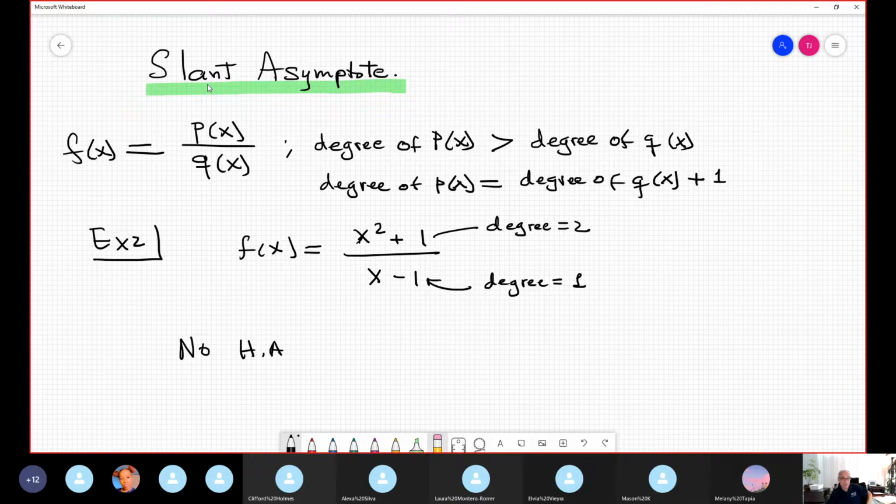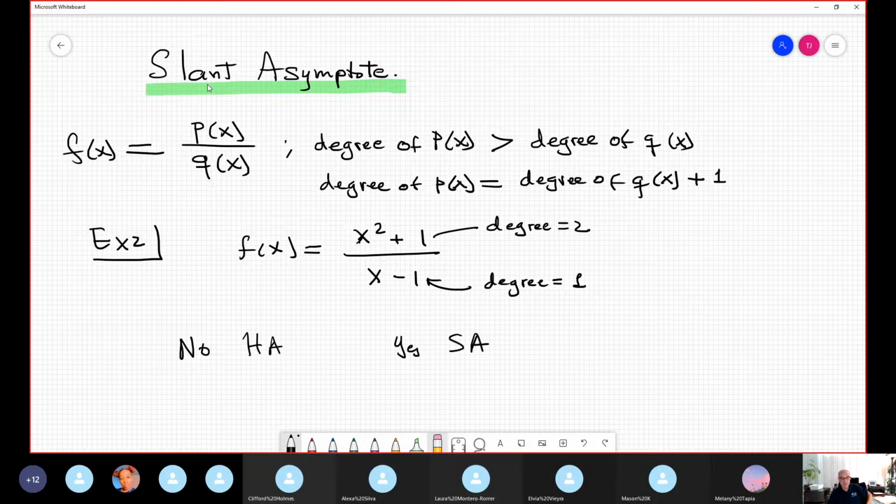This is the condition. Your identification is extremely important. Horizontal and slant are mutually exclusive. If we have horizontal, we have no slant. If we have slant, no horizontal. Impossible to be both. It's obvious, right? No horizontal, in that case, yes, slant.